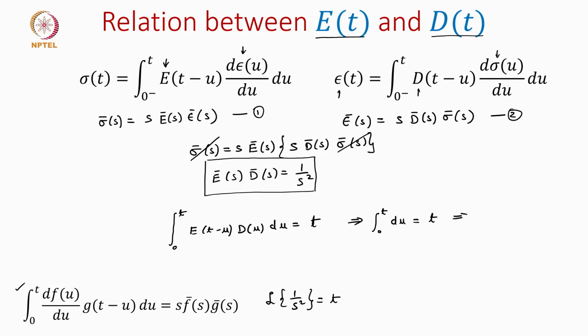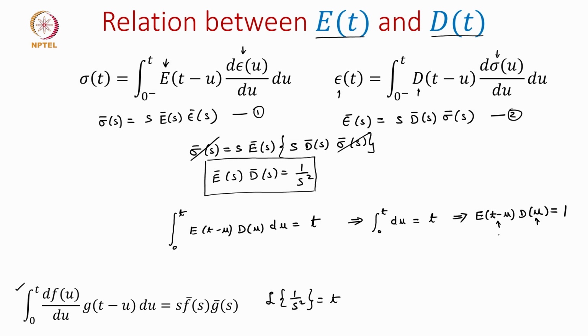It simply implies that this product E of t minus u times D of u equals 1, right. So, now we are talking about the product of the relaxation modulus E and the creep compliance D, but the difference is that the functions are not the same arguments. For one we have t minus u, and for the other function we have u.